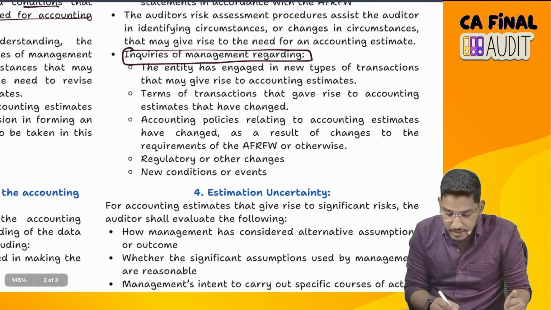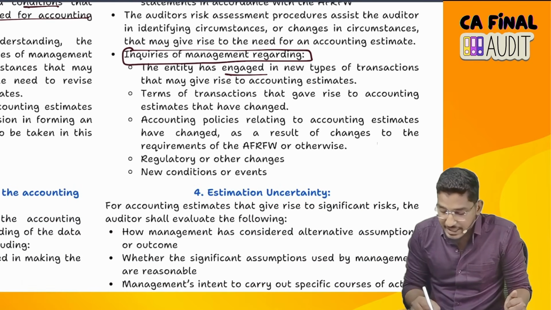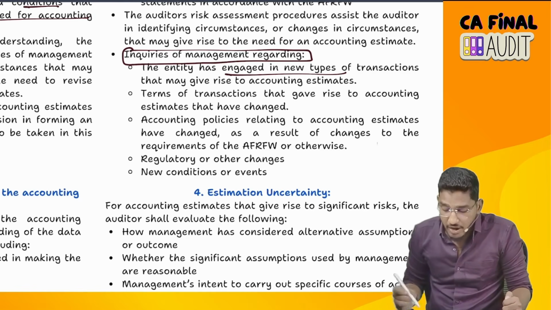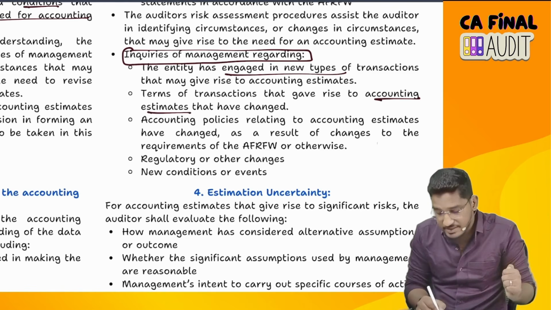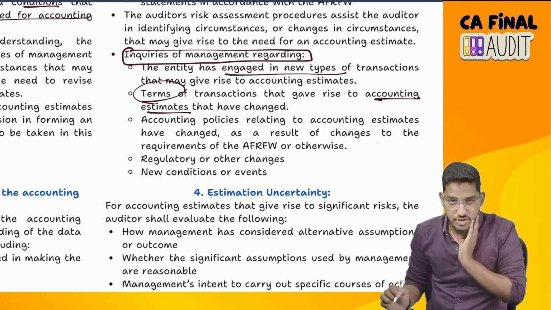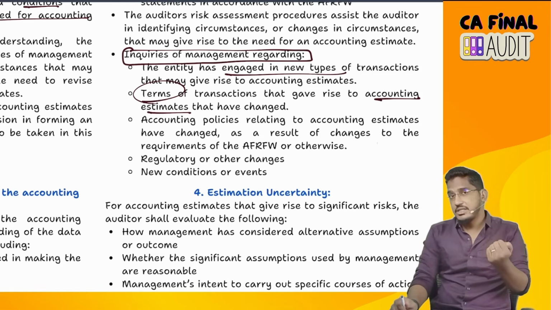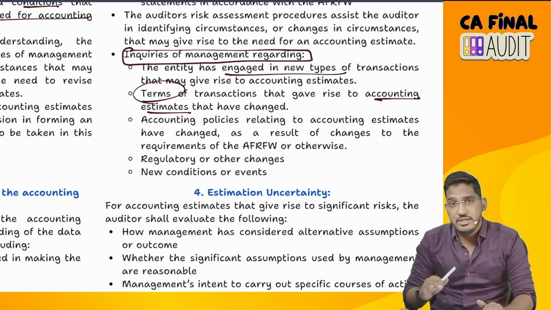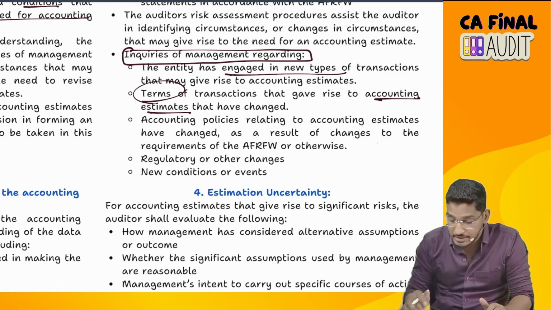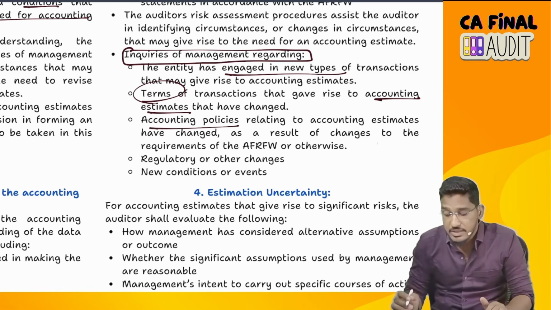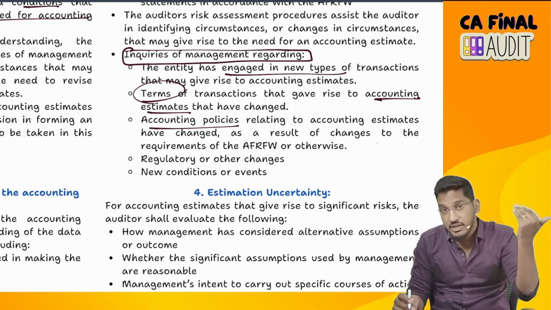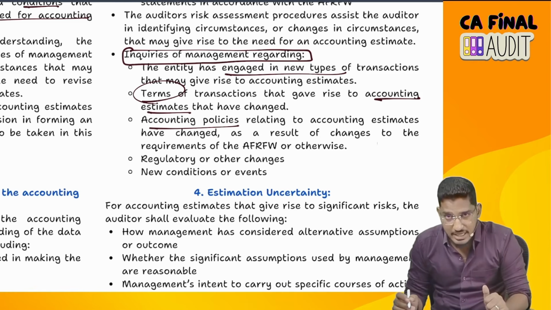Sir, what do I have to inquire? I have to inquire whether management has engaged in new types of transactions which give rise to new accounting estimates. For existing accounting estimates, I need to understand whether the terms have changed. I also ask what accounting policies they follow regarding accounting estimates, and whether the same policies and procedures followed in the previous year are followed in the current year or have undergone any change.